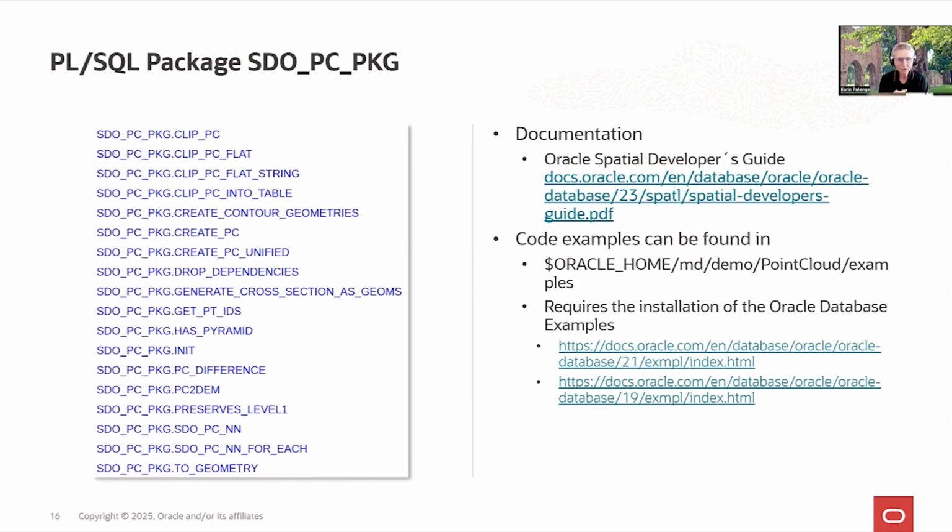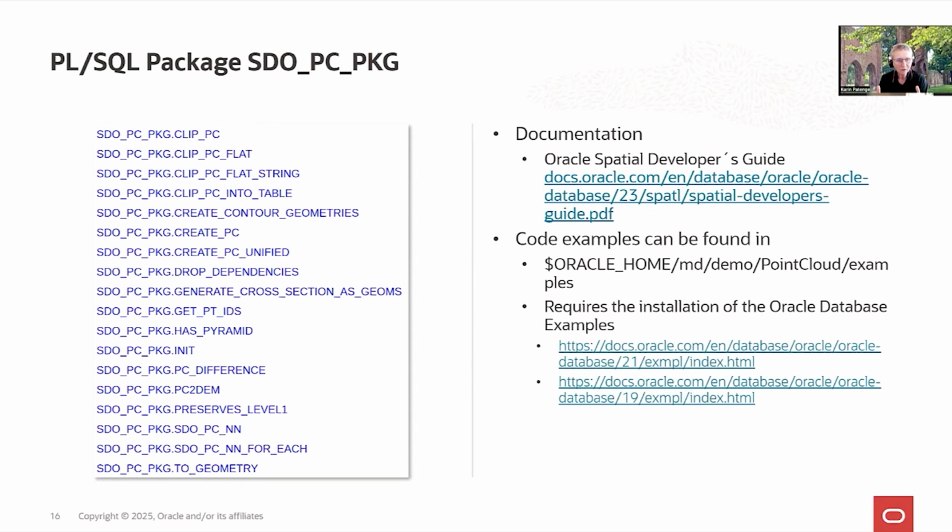So these are the two types of storing point cloud data sets. What can we do in terms of processing the data sets? I've extracted the current functions and procedures that can be used for point clouds, and these are all assembled in the SDOPC underscore package, so in a PL/SQL package, where all the different functions are put together.